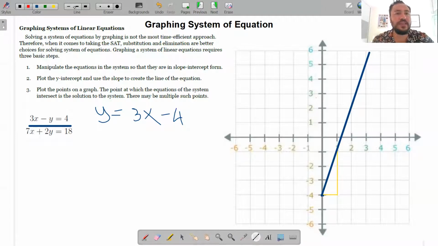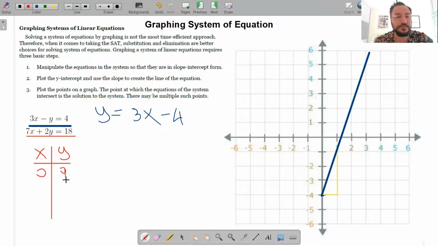Let's do the table for this other equation, 7x plus 2y = 18. Let's choose, as always, 2 points. When x is equal to 0, y will be equal to 9.